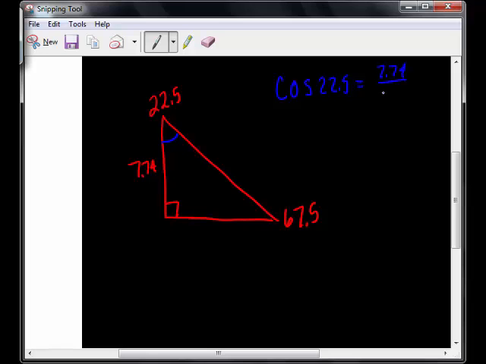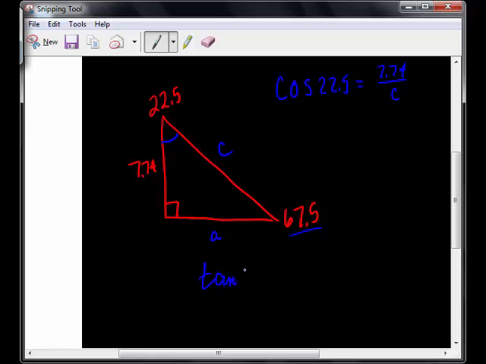7.74 over hypotenuse C. Now I'm using the rule on page 214, the tip that says use the given information for each computation. And that's because what if it's not 67.5? What if I made a mistake in calculating? So use the given stuff and that will help you.